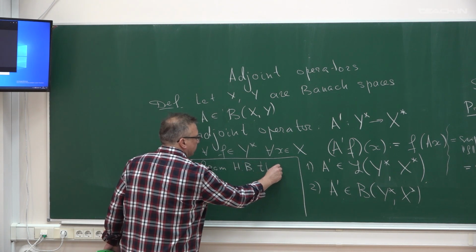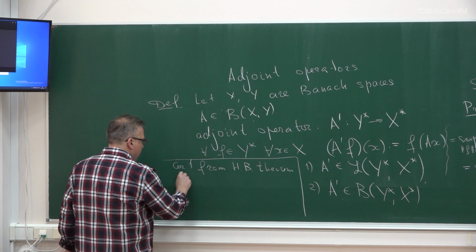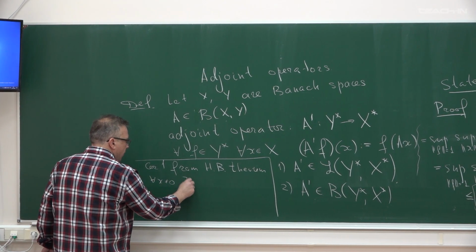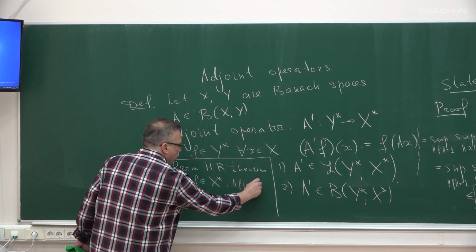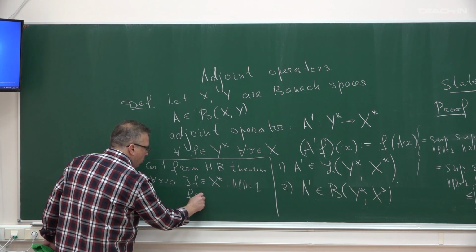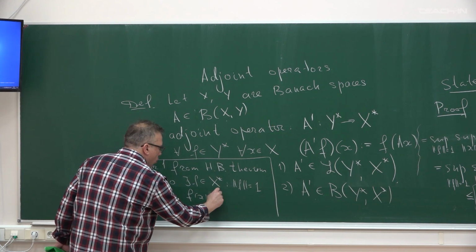For any x which is not 0, there exists a functional from X star, the norm of the functional equals 1, and f of x equals the norm of x.